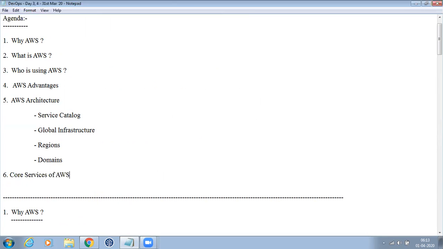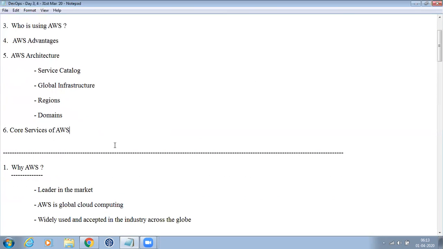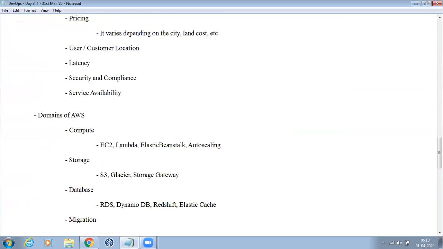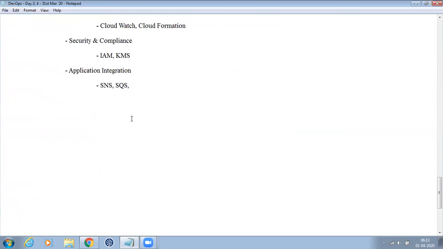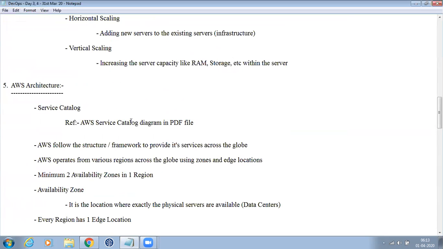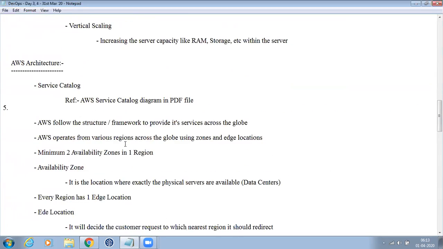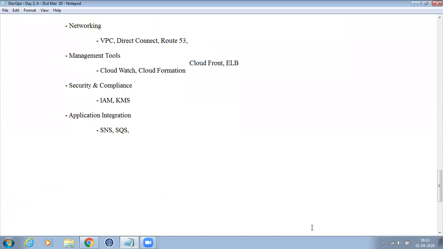This is also part of our agenda because we are continuing from yesterday's document, so I'm adding it in the same document for easy reference. Now let's understand what the core services of AWS are.